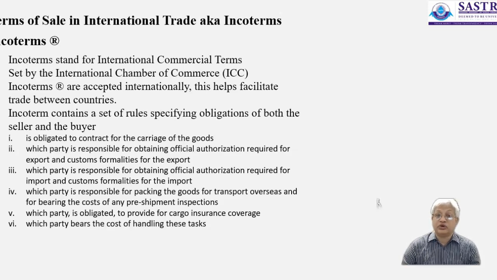It also talks about which party is responsible for packing the goods for transport, and who bears the cost of any pre-shipment inspections. Now, which party is obligated to provide cargo insurance, and which party bears the cost of handling these tasks? So, in the Incoterms, which are nothing more than three alphabets, a list of which we'll show you shortly, there is a lot of meaning hidden inside that.